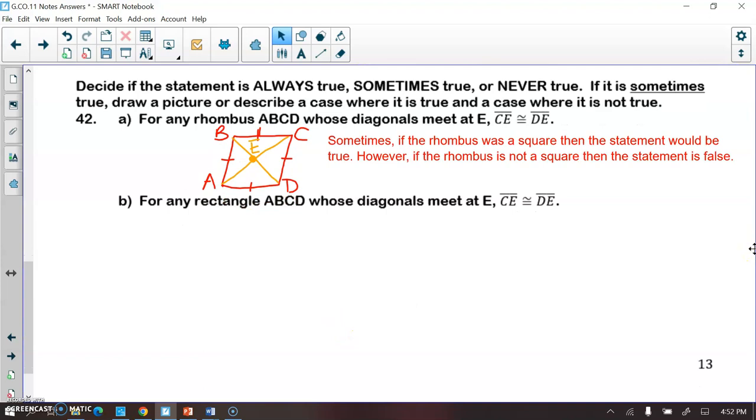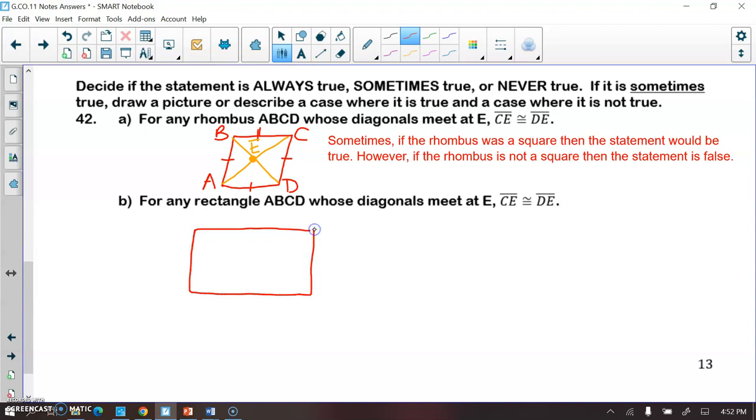However, if it was a square, the diagonals would be congruent, thus meaning that CE and DE would be congruent here. All right, so now we're going to draw the next one, rectangle ABCD. We know that a rectangle has all four angles being 90 degrees and opposite sides congruent.